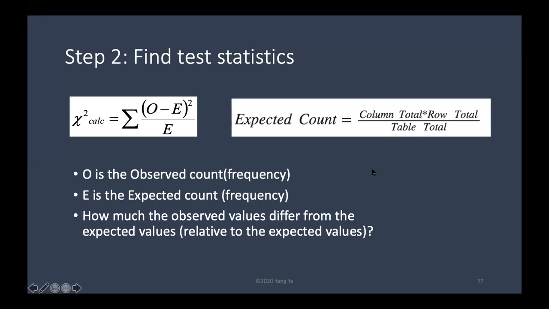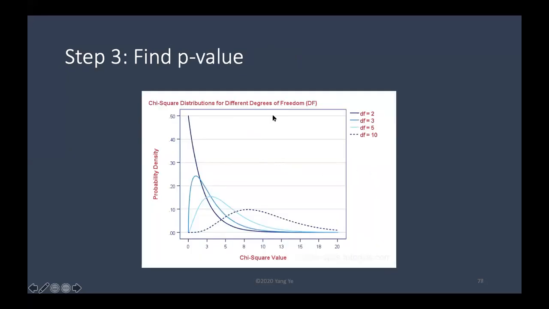Okay. So the next step is to find the p-value. Remember that I mentioned earlier that the chi-square distribution depends on the degrees of freedom. Different chi-squares with different degrees of freedom have distributions of different shapes. So how do we find the degrees of freedom?